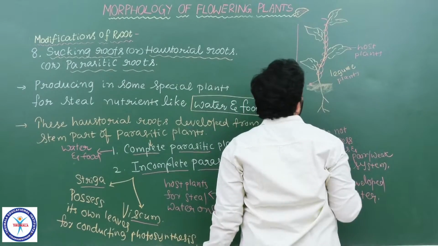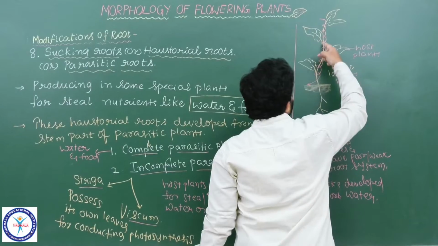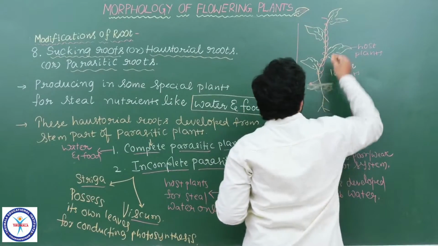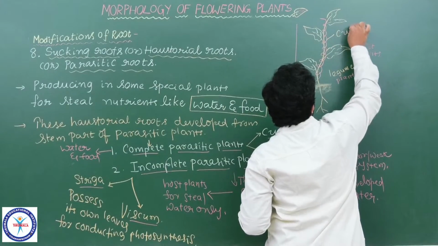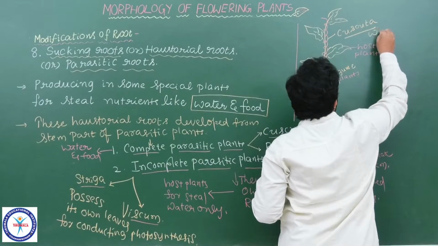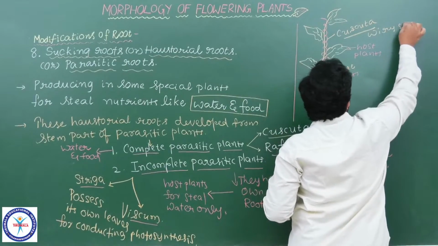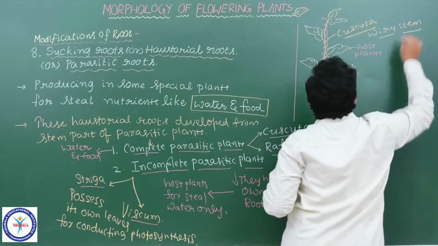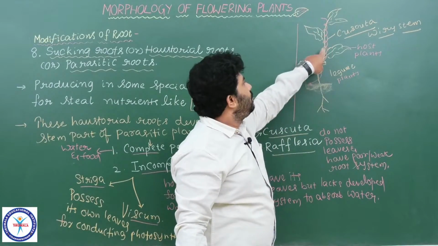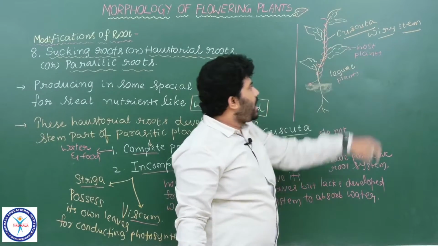That plant is called the host plant. This is the Cuscuta plant. What is the plant like? Cuscuta has a wiry stem, a very long wiry stem which twines around the main stem of the host plant.